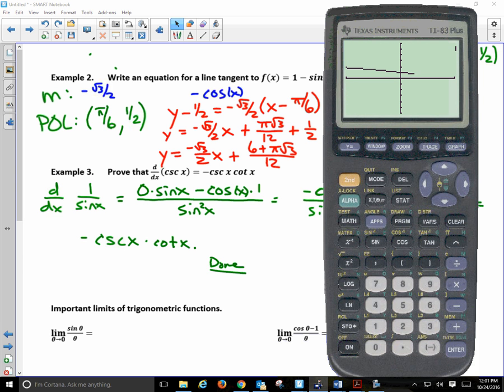I'm going to have to change my window here. Doesn't look too good, huh? Window, let's change our x values to negative 6 to positive 6. And we'll try one more time.